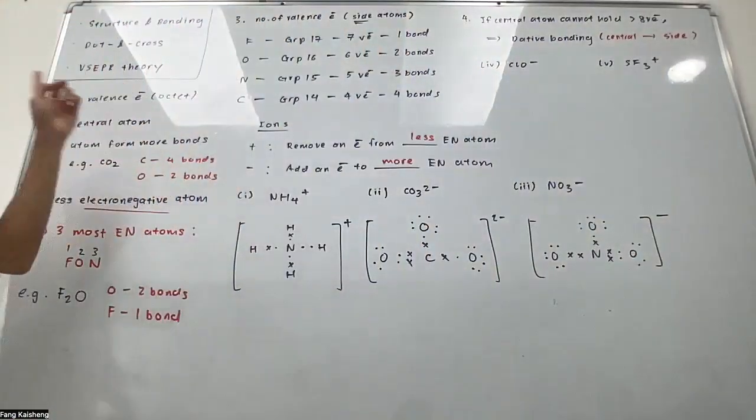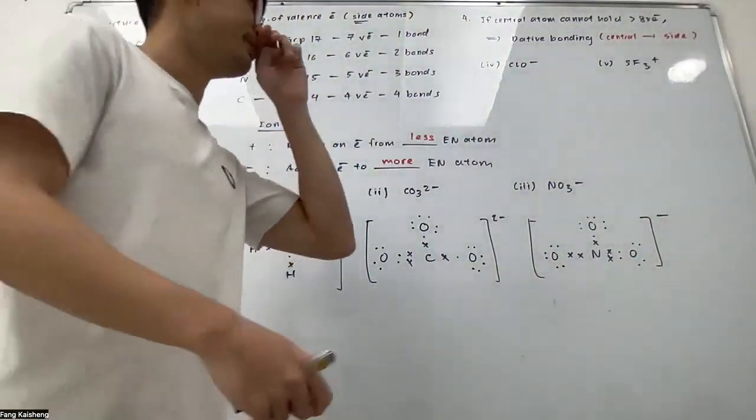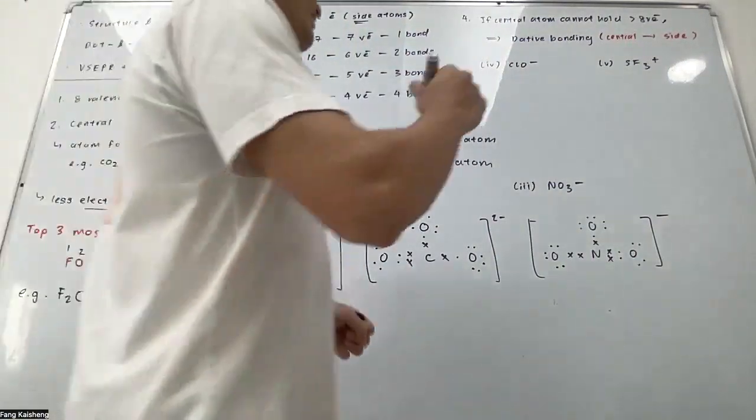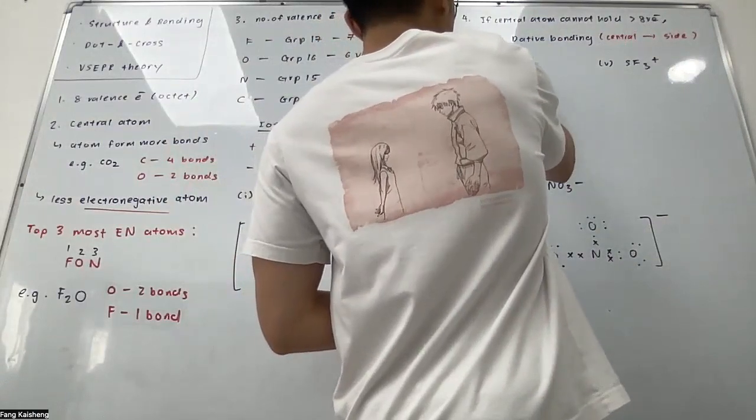That is one dative bond, one single bond, one double bond. Then we have ClO minus.